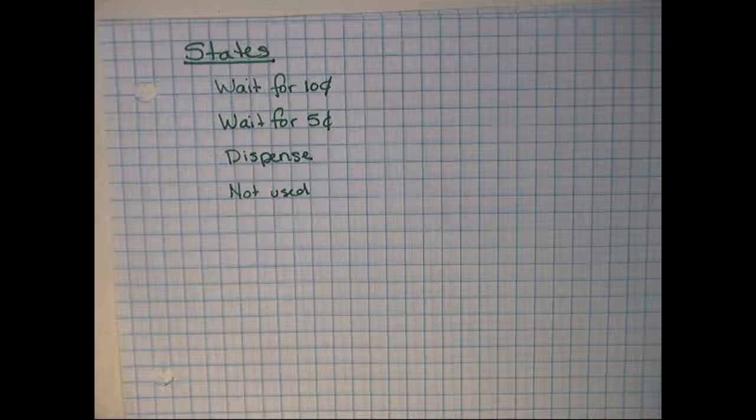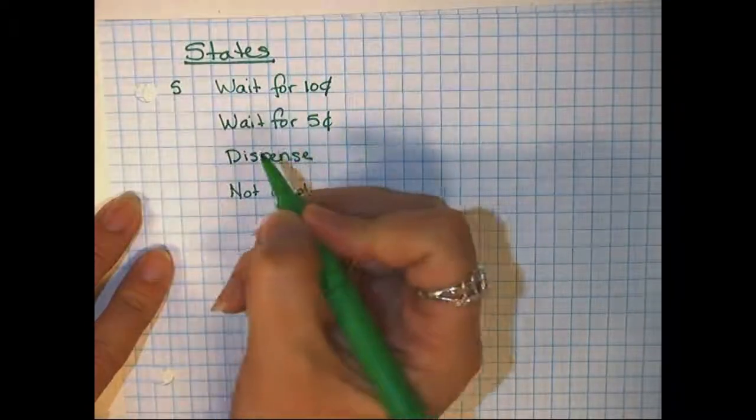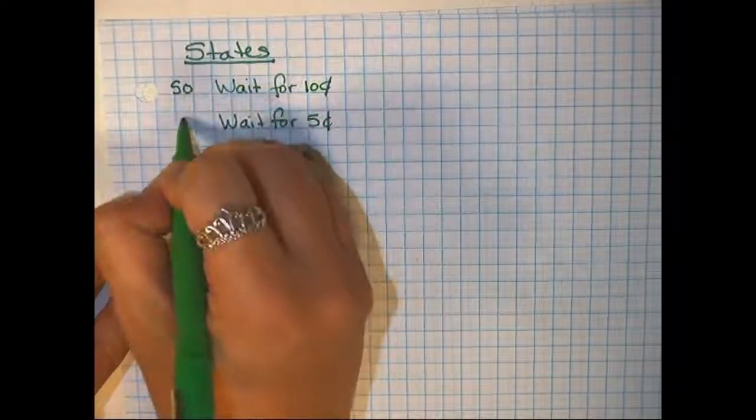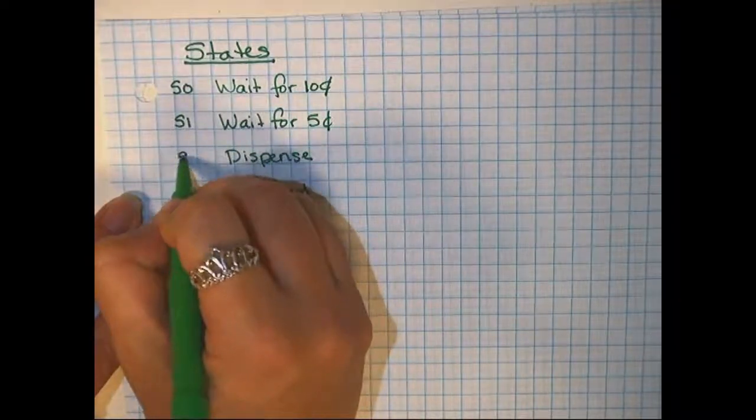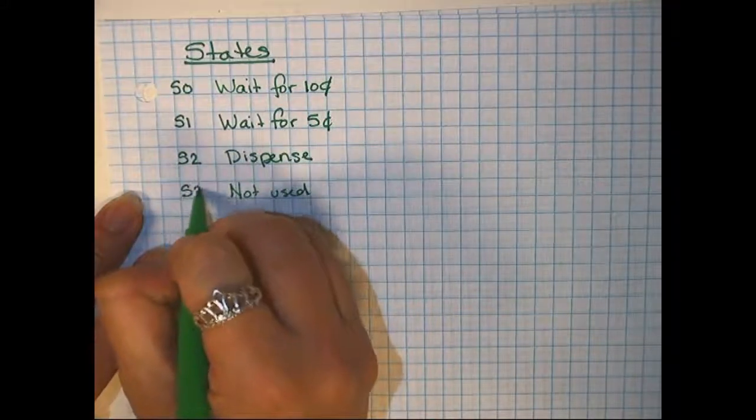So now the next step says determine the number of state variables. They label the states as S, and they always start with S0, S1, S2, S3.